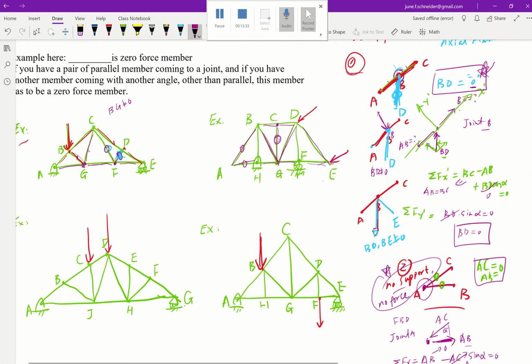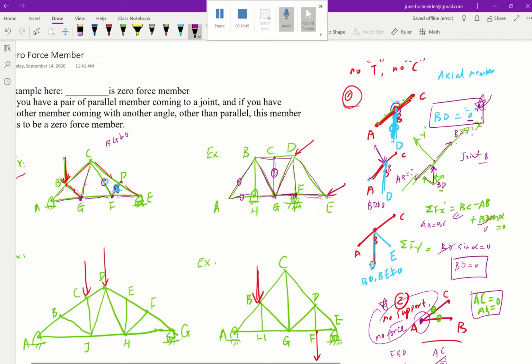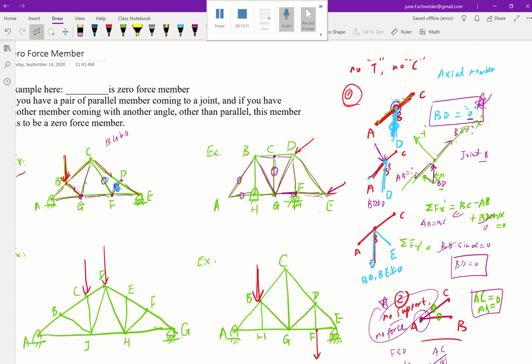And how about, let's look at GF right here and EF connected at pin F. DF comes in now, right? DF is the only member that comes in. However, what do we have? You have a support at E, so that wouldn't work. Okay, so here it's so picky. I'm going to write it down.